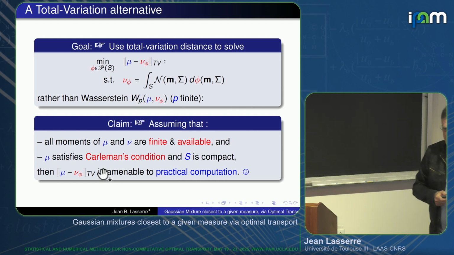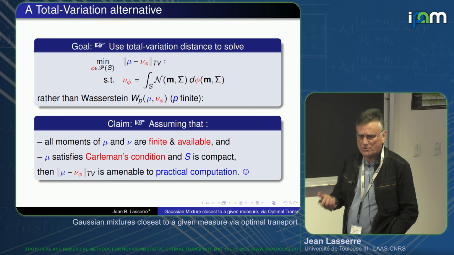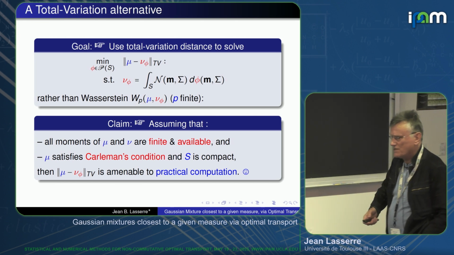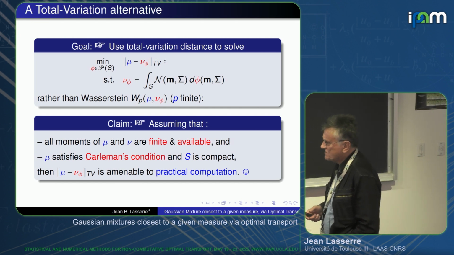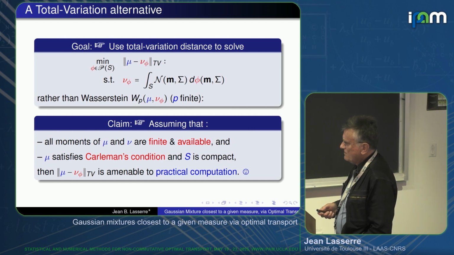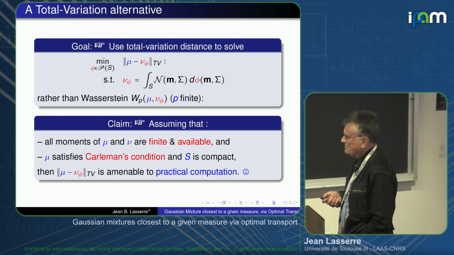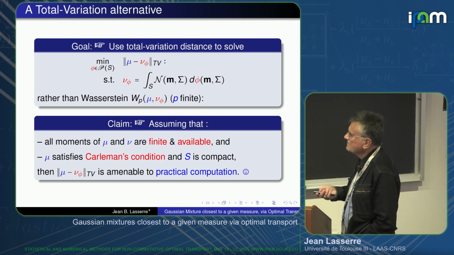I mean, this is amenable to practical computation, like for the Wasserstein distance. Because total variation is supposed to be a difficult measure of distance between probability measures, but in this case, we can do practical computation efficiently by convex optimization.